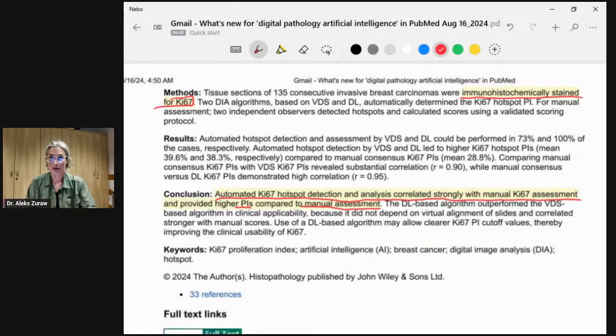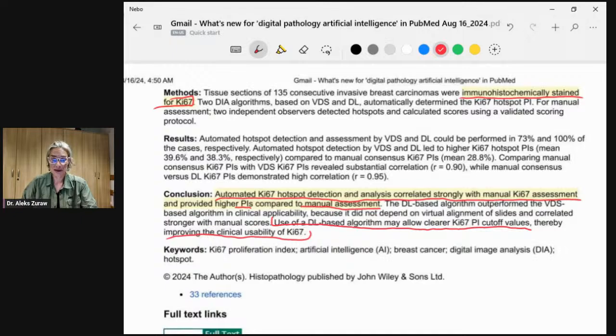One is the people who were manually counting it counted less, and the software picked up more. The other one is the software overcounted. I'm glad it correlated. And they say that use of deep learning-based algorithms may allow clearer Ki-67 proliferative index cutoff values, thereby improving the clinical usability of Ki-67.